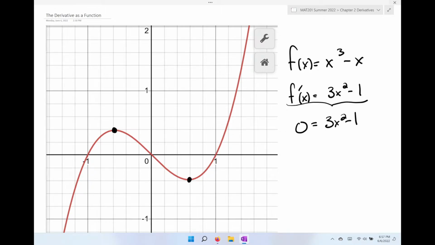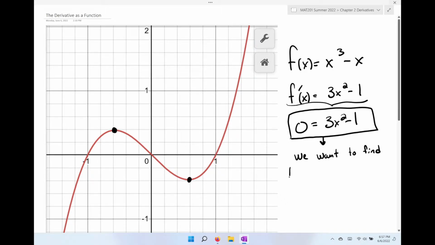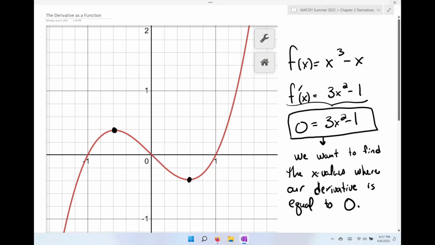What this is telling me is we want to find the x values where our derivative is equal to 0.